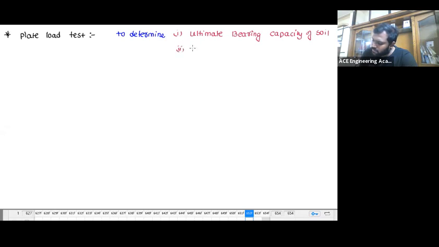Number two, the allowable pressure for safe settlement. So we are going to find out the ultimate bearing capacity and the allowable pressure for safe settlement.